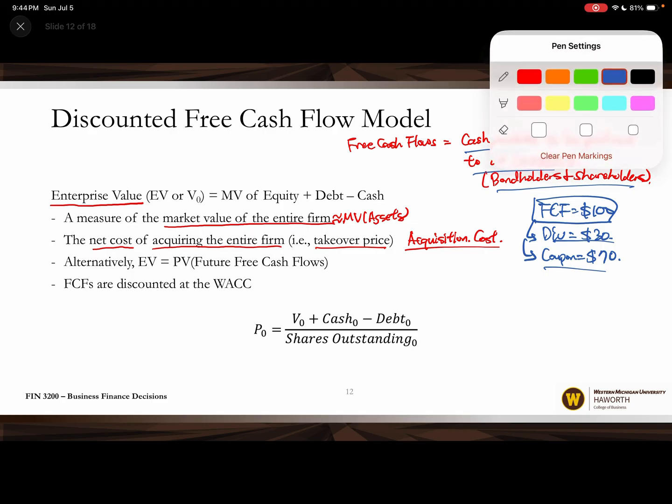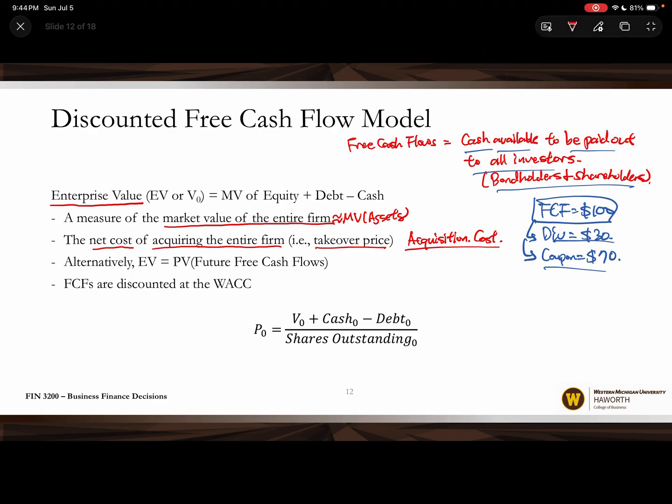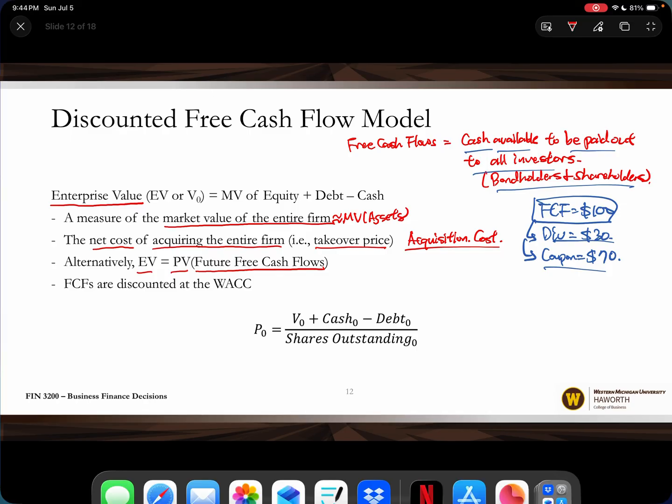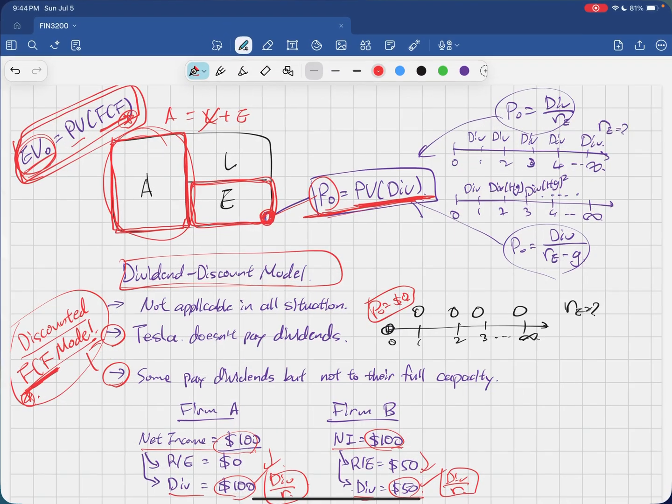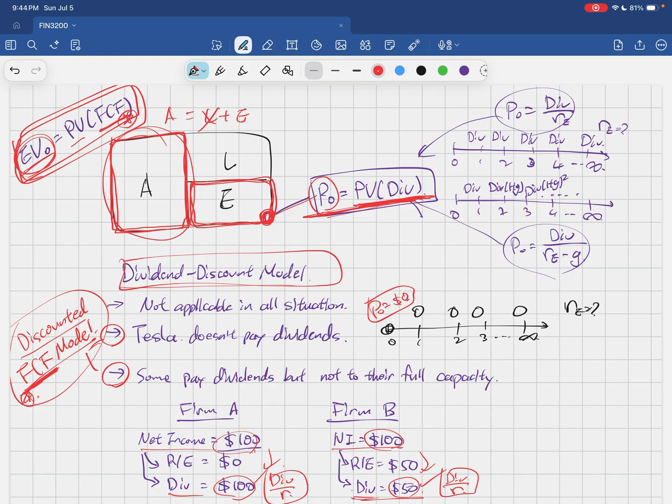And here's another important point. Since we're trying to get the present value of all of the free cash flows, we need to discount the free cash flow somehow, right? In this class, we're always dealing with time value of money. Here, the dividends were discounted using RE, the return on equity or the cost of equity. That captures the risk that shareholders face.